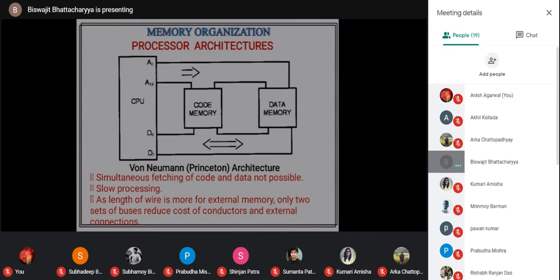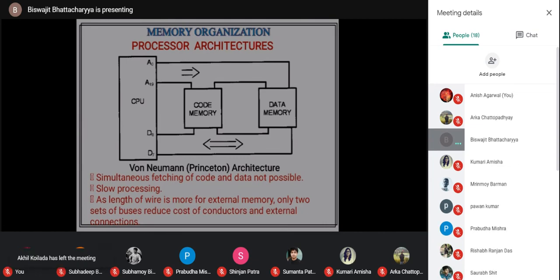Now a larger length of address bus or data bus means the cost will be more. But as only two sets of buses are involved, one address bus and another data bus, ultimately cost is not very high.